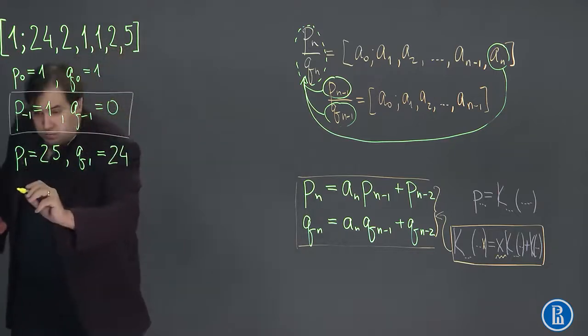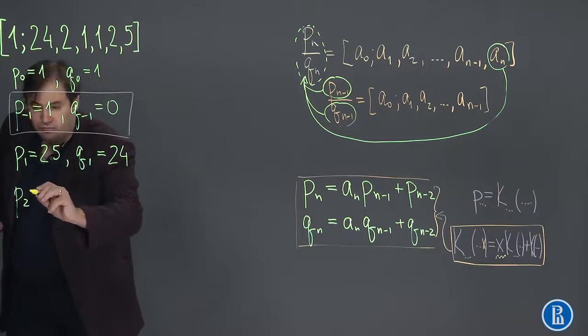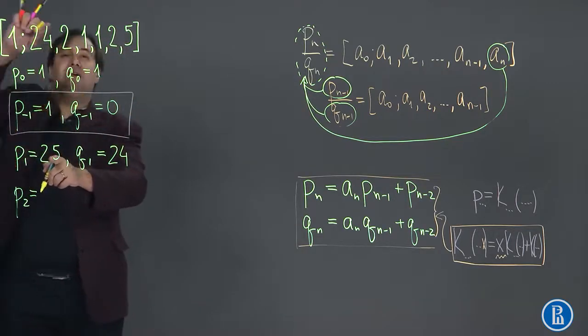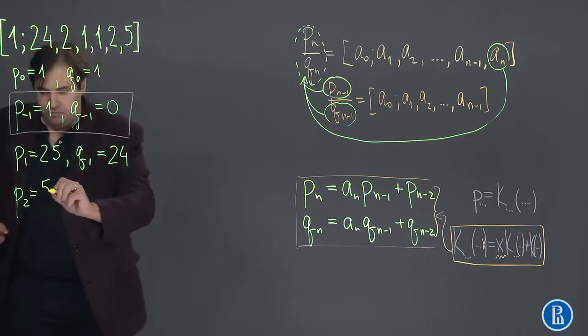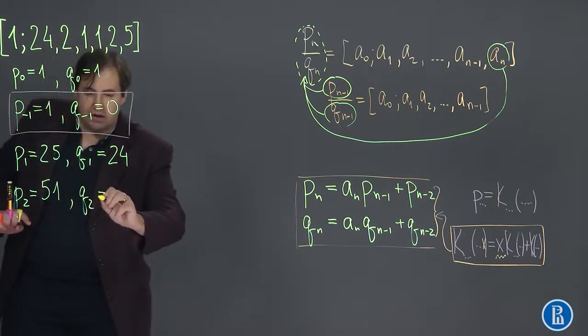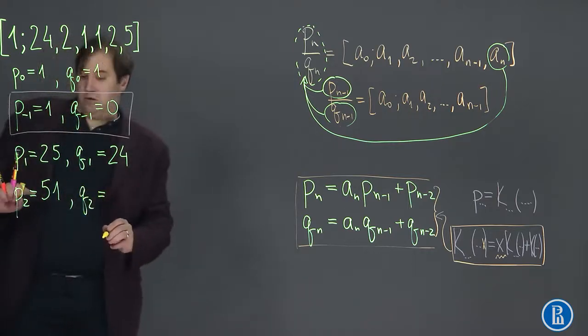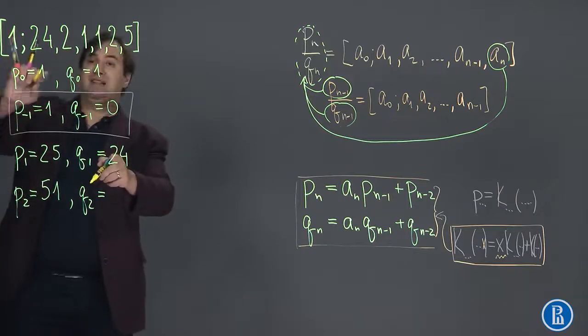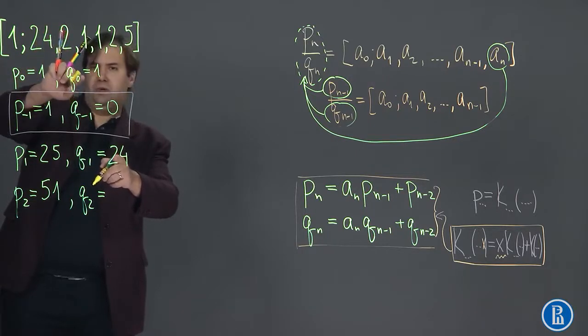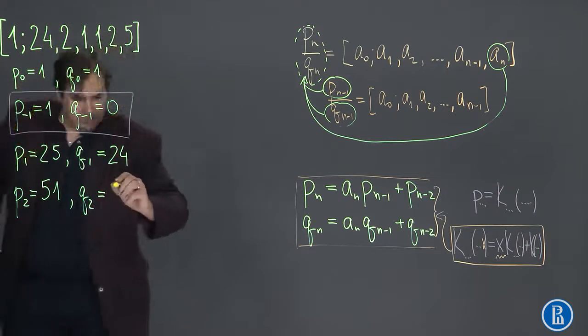So, P2 is equal to P1 multiplied by 2, which is 50, plus 1, 51. Q2 is equal to Q1 multiplied by 2 plus Q0, which gives us 49.